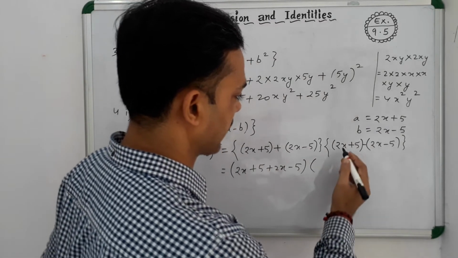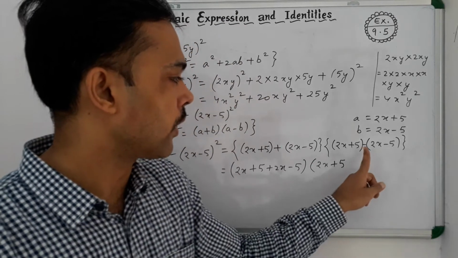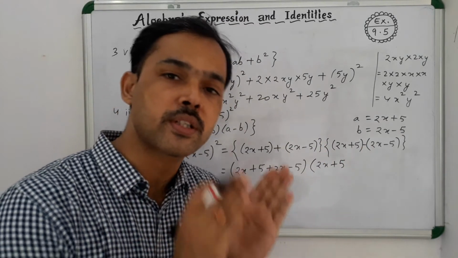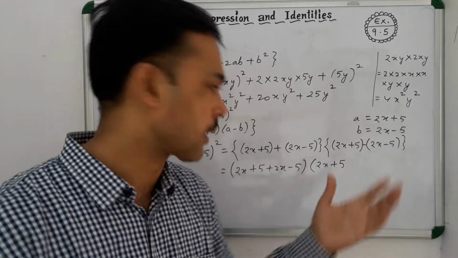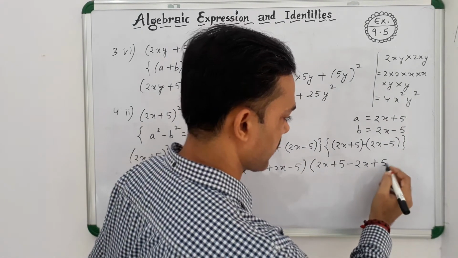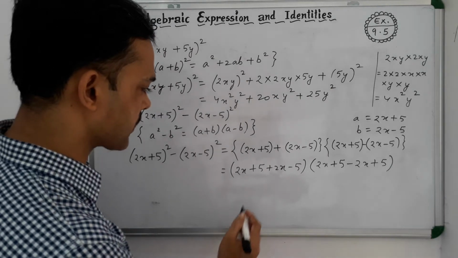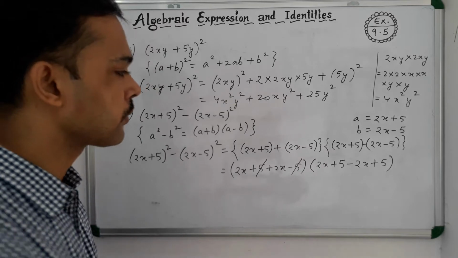In another bracket it is 2x plus 5. Now over here it is minus sign outside. That is why what we will do is we will change the sign inside. Here if there is no sign means plus, that will become minus. So minus 2x, this is plus, so will become plus 5. Now what you are observing over here, this 5 is getting cancelled. 5 minus 5 will be 0.